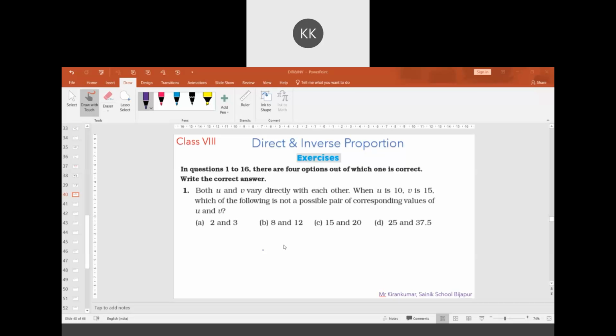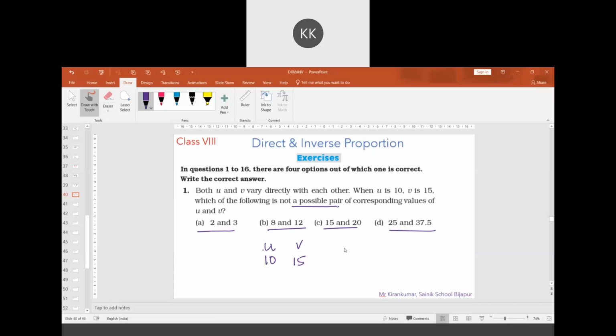Yes, sir. U is given as 10, v is given as 15. Among these, which one is not a possible pair that we need to identify?